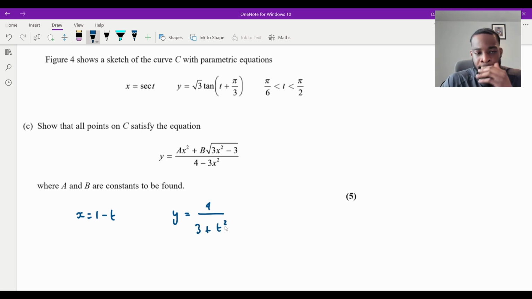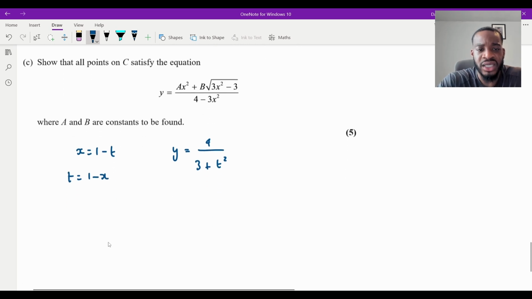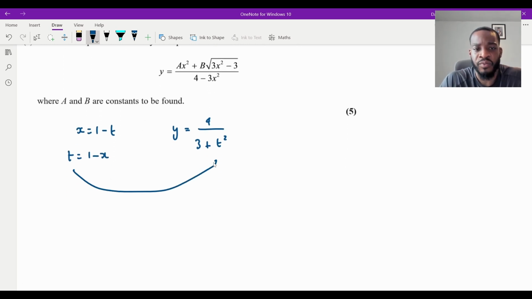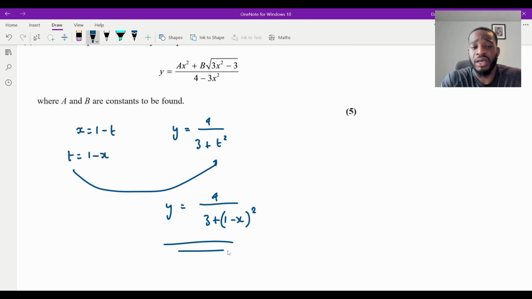The way you would convert this from parametric to Cartesian is you would rearrange to make t the subject. In this one, using x, t would equal 1 take x. Now we know what t is, we plug that in, so y would equal 4 over 3 plus (1 minus x) all squared, and that would be your answer.